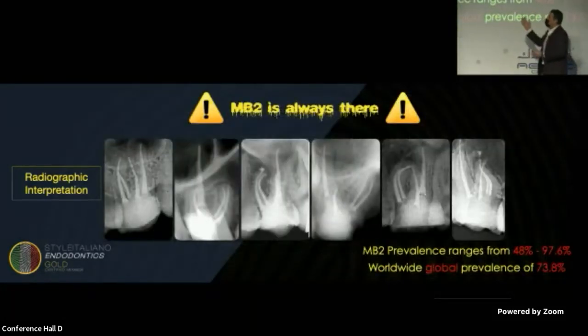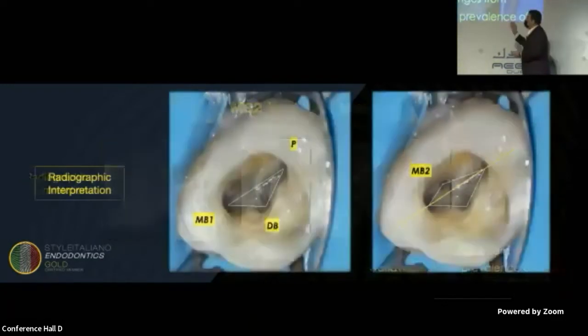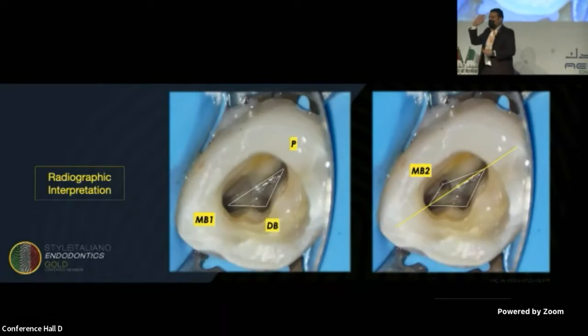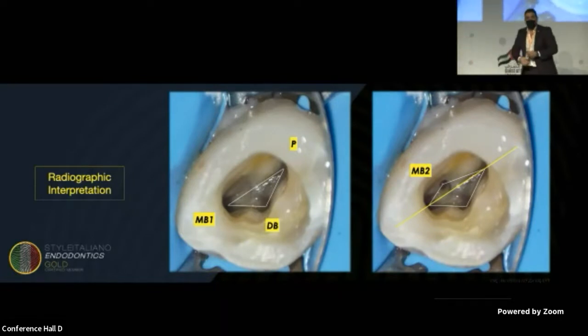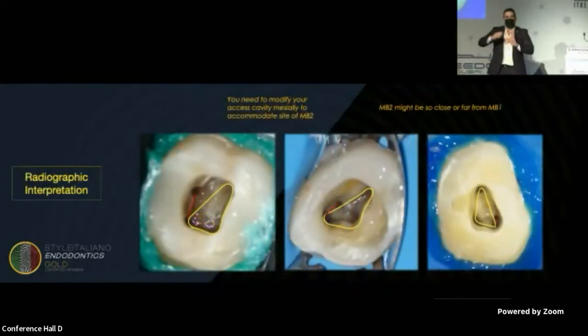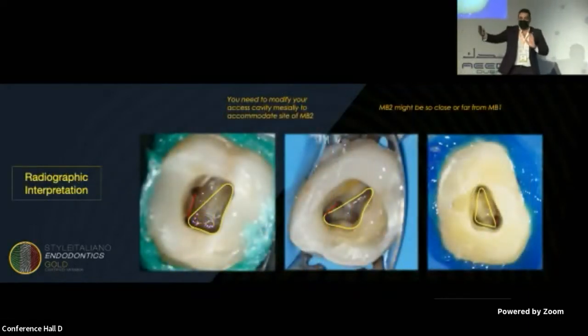In many cases we can find MB2, and we know the place of MB2 is a little bit mesial to an imaginary line between the mesiobuccal and the palatal canal. Sometimes it is so close to MB1, and sometimes it is far from MB1.